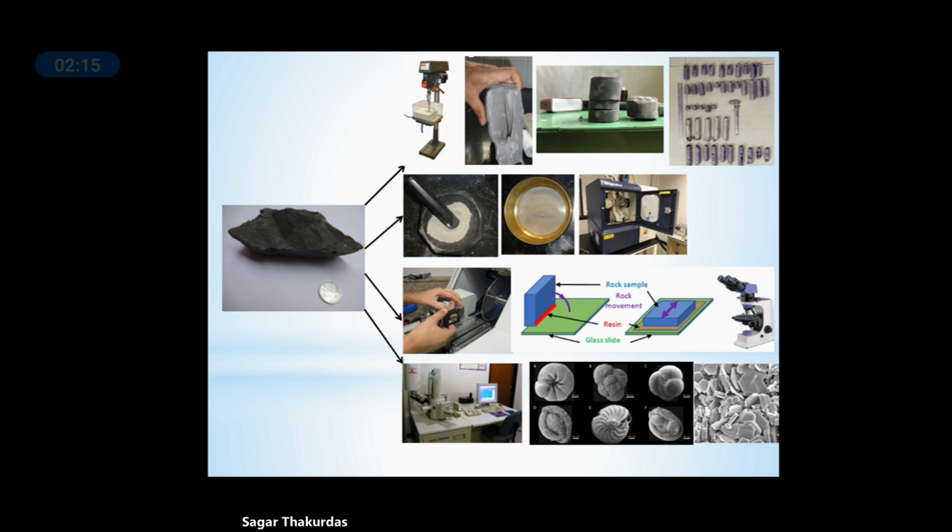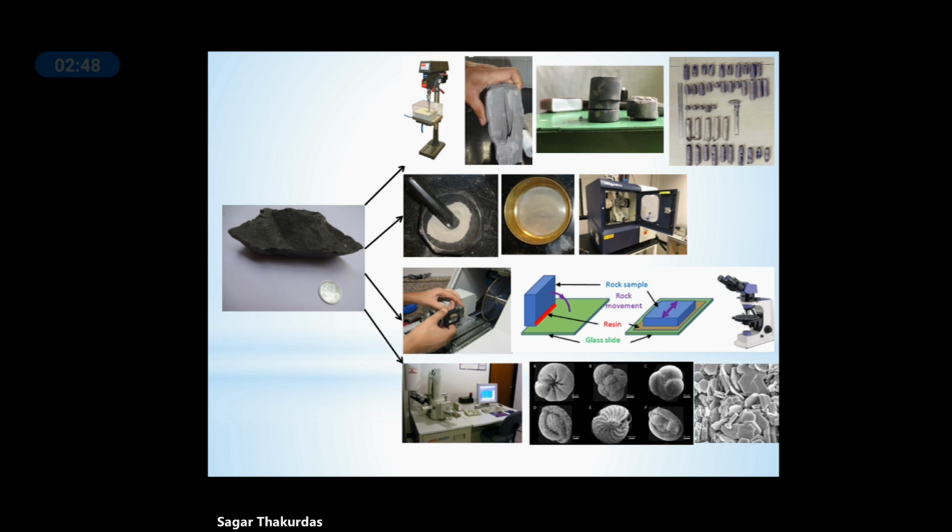Okay, now for the same sample, we took a few fragments, in the picture you can see in the second row, and those small rock fragments were powdered into fine material, then sieved for a certain mesh size, and that powder is used to do the mineral identification from XRD, and the XRD machine is shown on the right hand side.